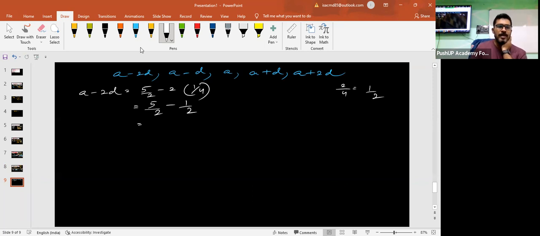Now, 5 by 2 minus 1 by 2. How will you solve this? 2 will be the LCM. Numerator will be 5 minus 1, which is 4. So 4 by 2, which is equal to 2. Right?